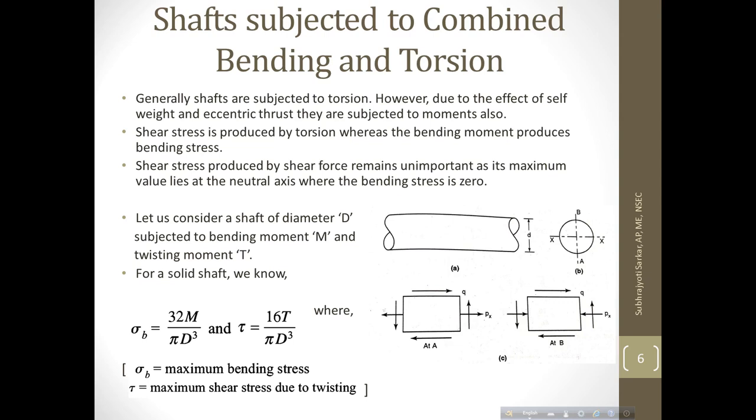So here let us consider a shaft of diameter d subject to a bending moment of M and a twisting moment of capital T. You can see it in the figure.